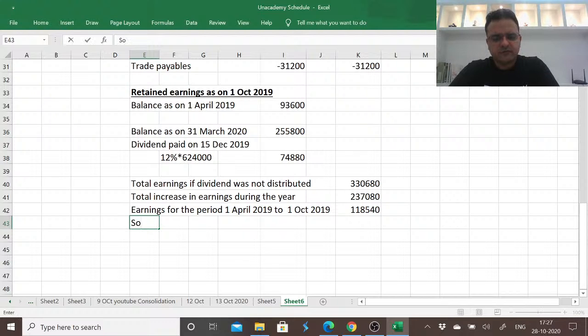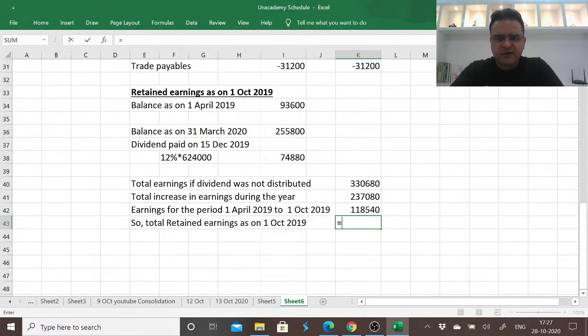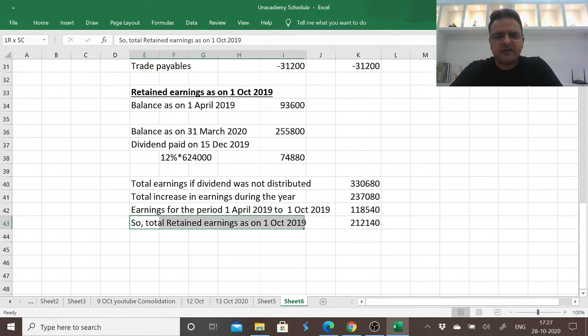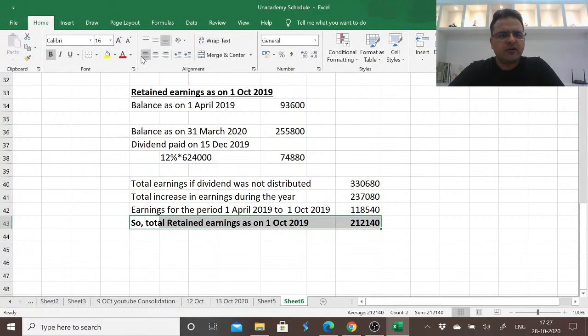So total retained earnings position as on 1st October 2019 is equal to the opening balance of 93,600 plus earnings during the period of 118,540. 212,140 is the retained earnings position on the date of acquisition.